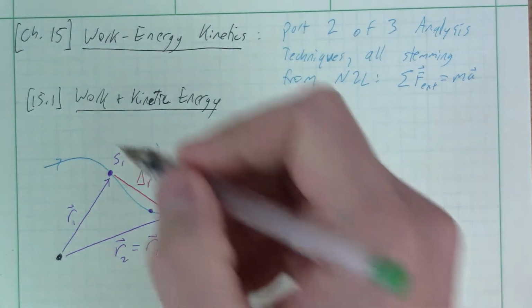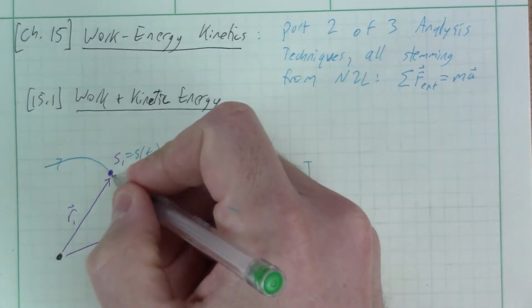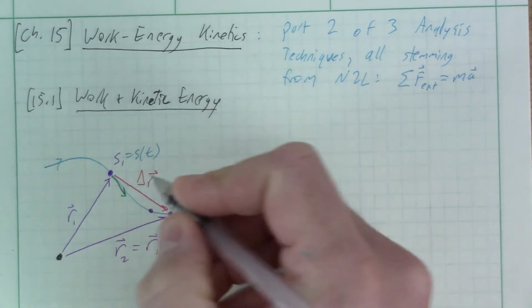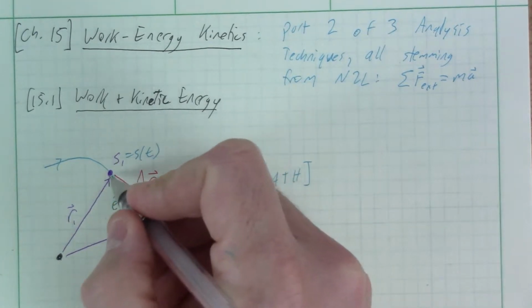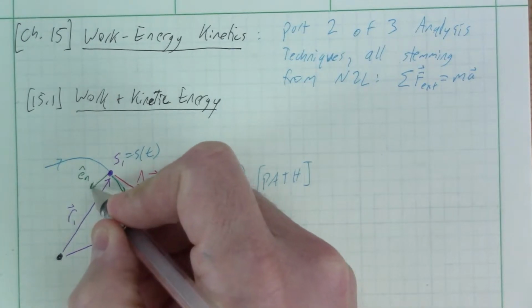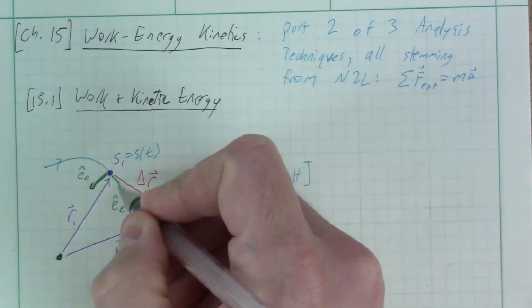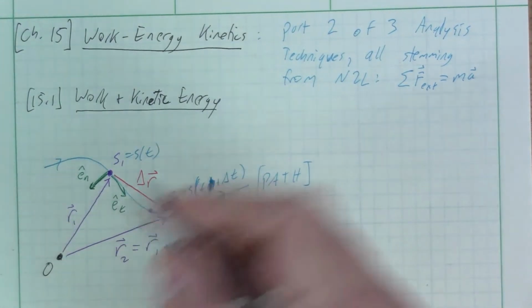Let's see here. We could put a coordinate system onto this, and I think the most natural choice would be the natural coordinate system. So we will put our tangential component there and our normal component there. Right? Normal doesn't care about this origin to a coordinate system. Maybe if this was a Cartesian coordinate system or whatever, right?